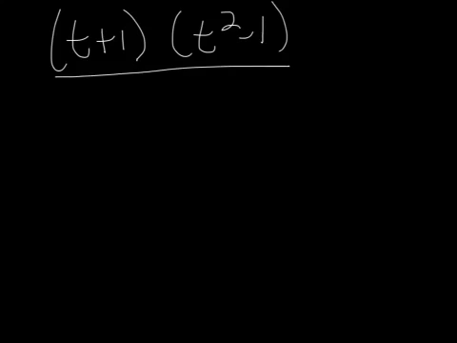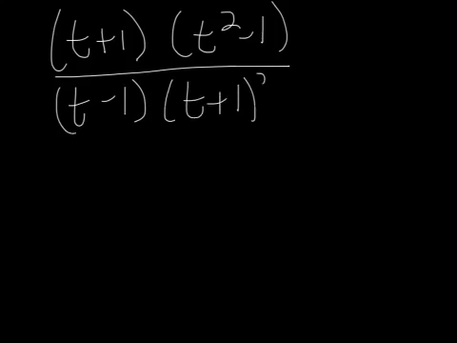Okay, let's do another one. It is t plus 1, t squared minus 1 over t minus 1, t plus 1 all squared. Remember again, factoring is the key.